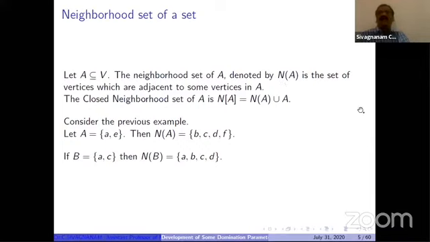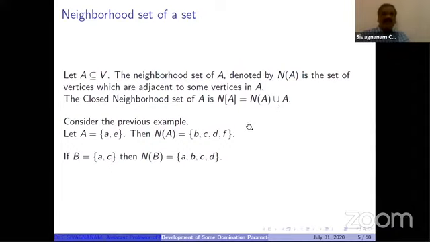N(A) is the set of vertices which are adjacent to some vertices in A. The closed neighborhood set of A is denoted by N[A], with closed brackets. It is the open neighborhood set N(A) union A.